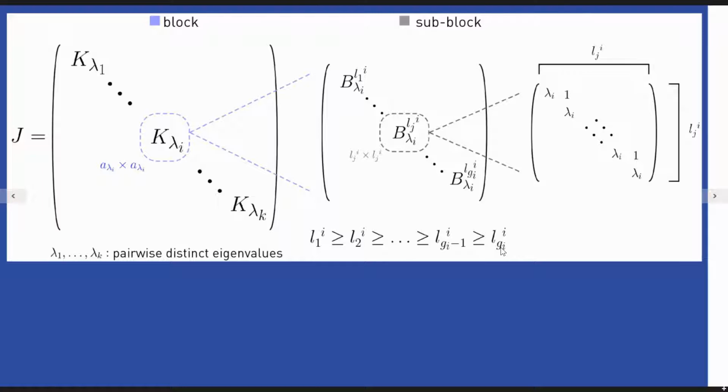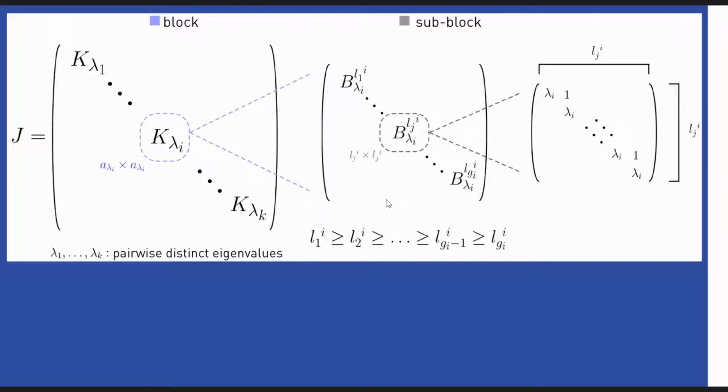The second thing is that these smaller subblocks inside of the larger blocks K_lambda_i are arranged in descending order when it comes to their length or size. So the length of the first block is larger or equal to the length of the second block, and so on.